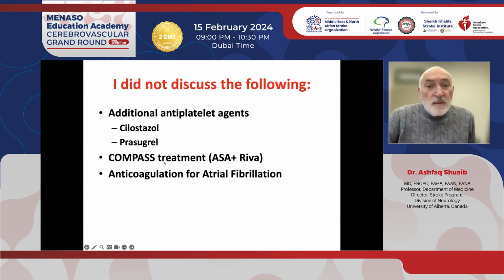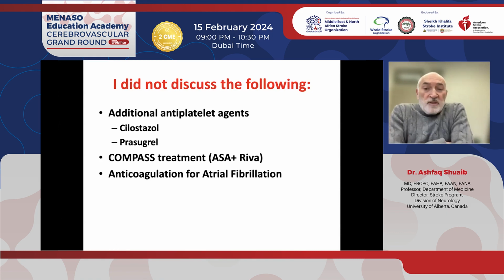There's a study called COMPASS where low dose aspirin plus rivaroxaban 2.5 milligram twice a day can be used in higher risk patients who have failed treatment with the dual antiplatelets that I talked about. But I think those patients should be referred to a stroke expert before they start them on these dual agents. And like I said a moment ago, treat atrial fibrillation with anticoagulation.